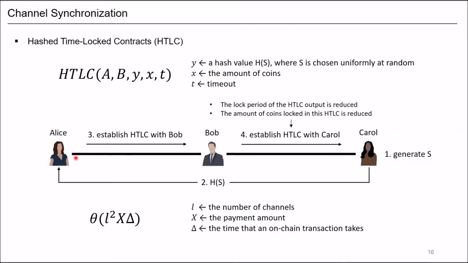A can then establish an HTLC with B, the output of which B may spend under the condition that he can provide A with the preimage of H(S) before a set expiry date, generally expressed in number of blocks. Should B fail to provide the requested input in time, A is able to commit a refund transaction on chain.